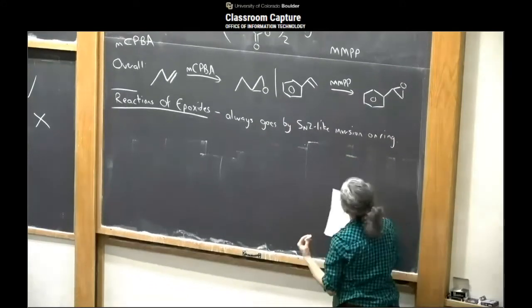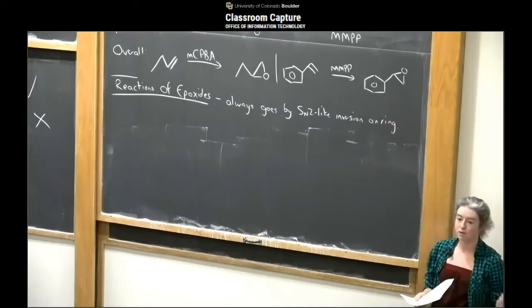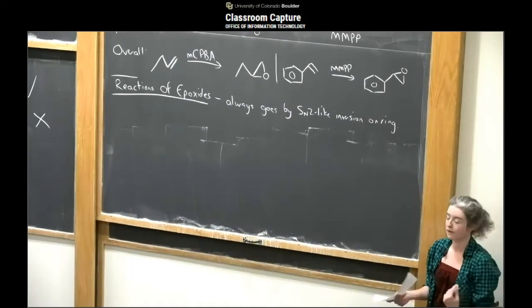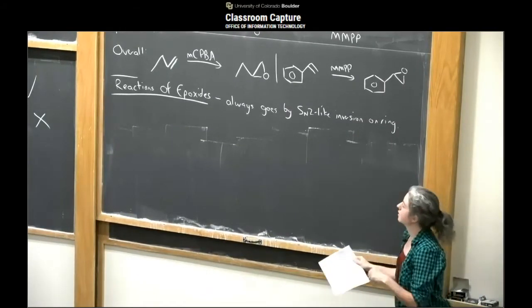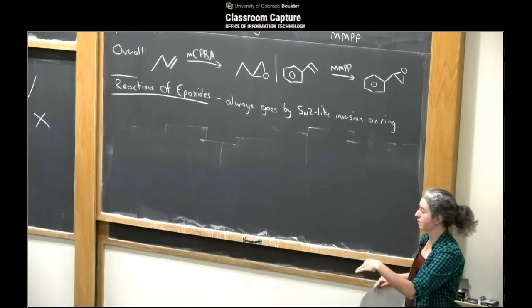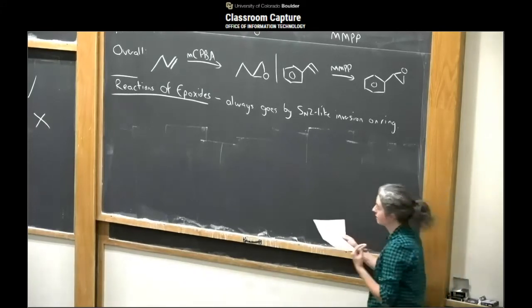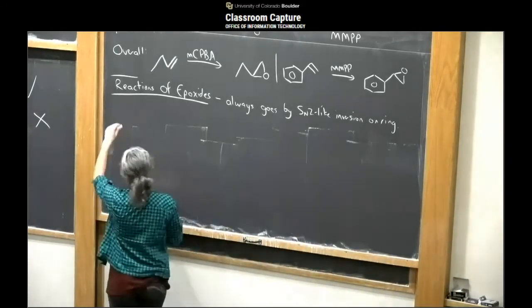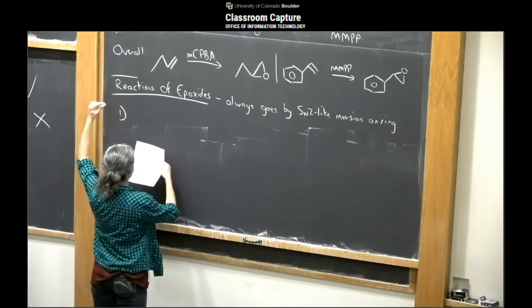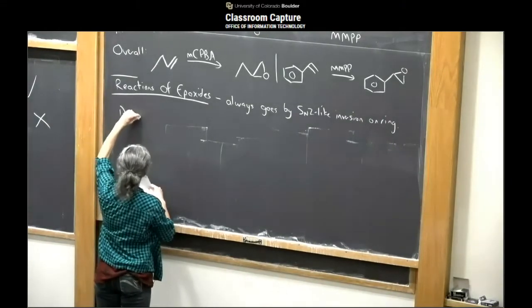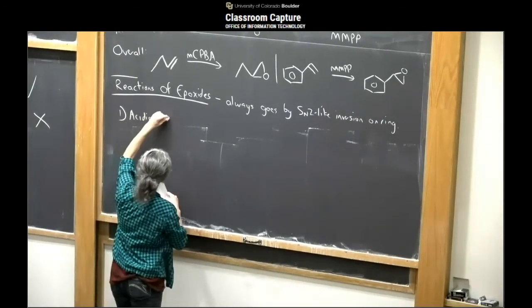Okay, so this is actually a lot like the bromonium ring opening that we saw in chapters 4 or 5, where you make the bromonium ring, the 3-membered ring, and then something comes in backside, attacks one of the carbons, pops that ring open. Similar for epoxides. First off, we're going to look at acidic conditions.